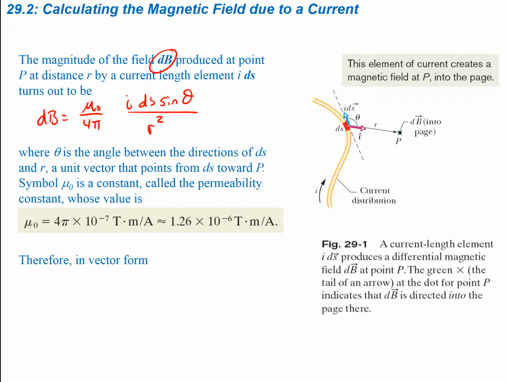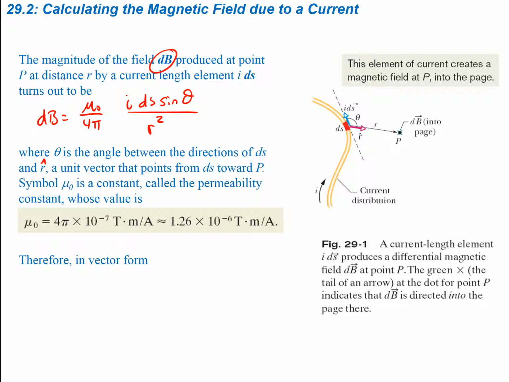So this is all one equation, where theta is going to be the angle between the directions of ds, basically the direction of the current, and r, which is the vector going from this element to point P. r hat is going to be a unit vector that points from ds to P. So this is r hat right here, just a unit vector.